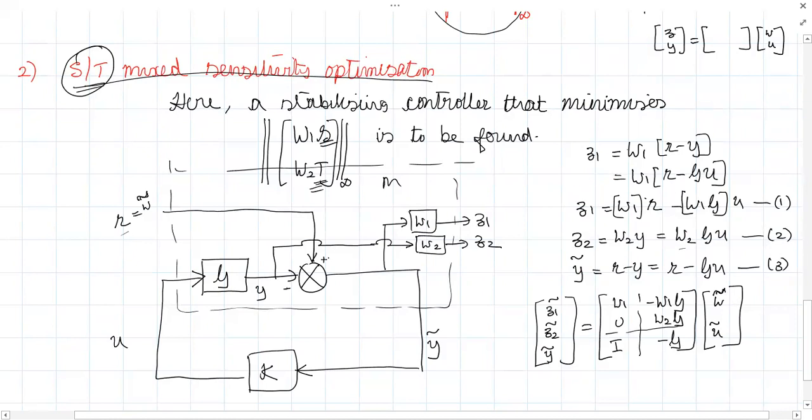One more thing to be noted is that all the weighting functions W1, W2, etc. have to be stable. Otherwise, assumption A1 is not valid. What is assumption A1? Some set of matrices must be stabilizable or controllable, something we wrote when we discussed H infinity control. The stabilizability and integrity conditions will not be valid if the weighting functions are not stable. That's the problem.